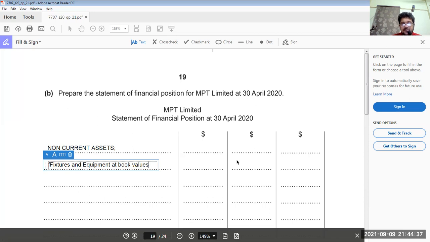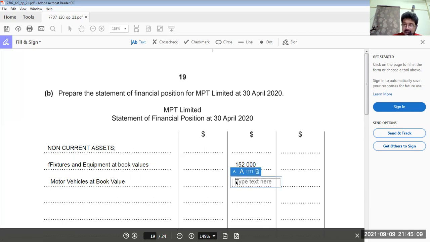So we'll report fixtures and equipment at book value over here. And the second item, motor vehicles at book value. Fixtures and equipment at book value is $152,000. Motor vehicles at book value 60,400.